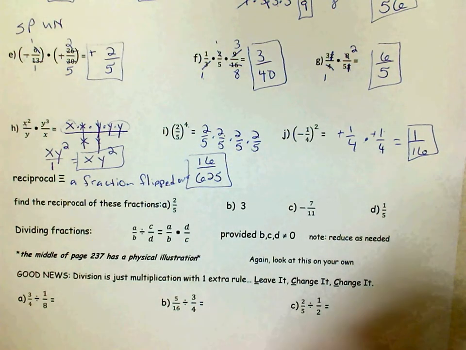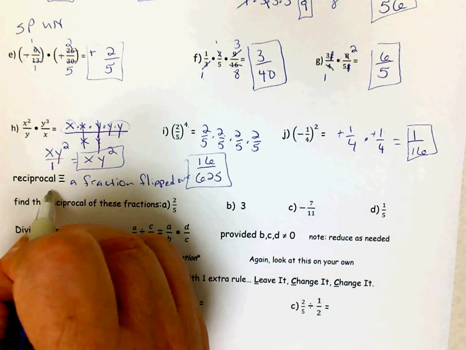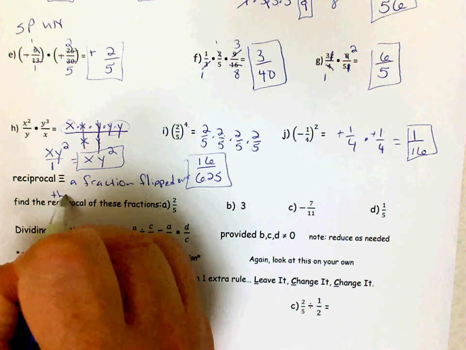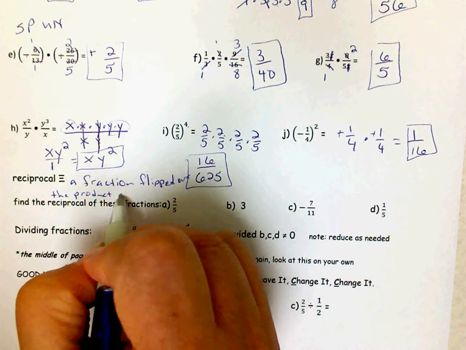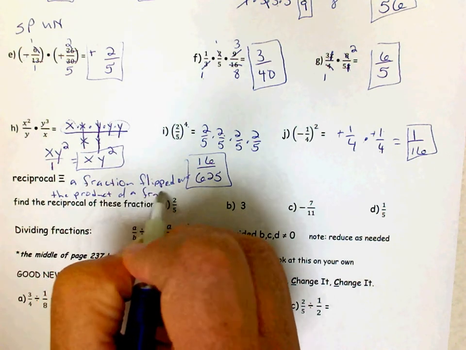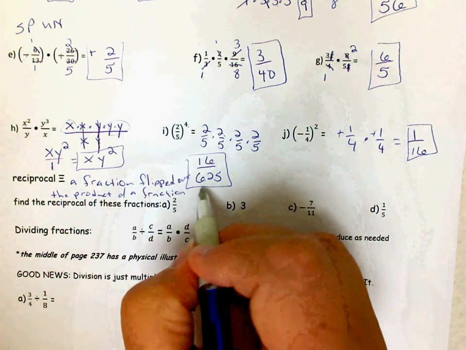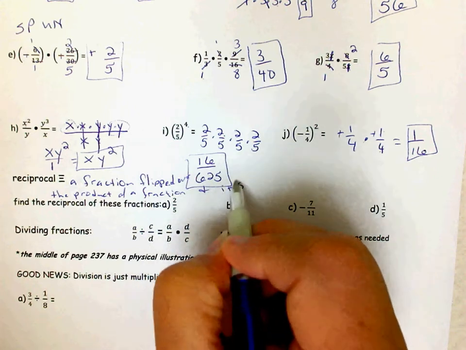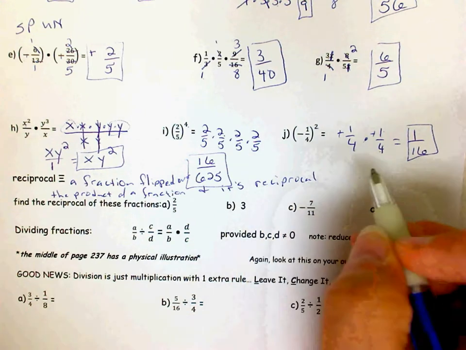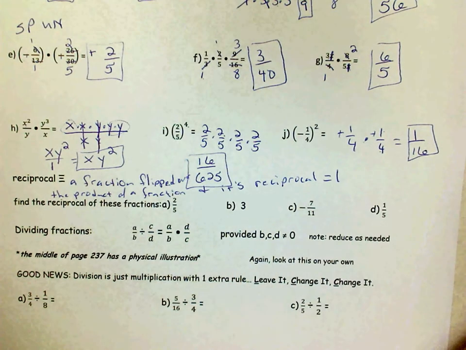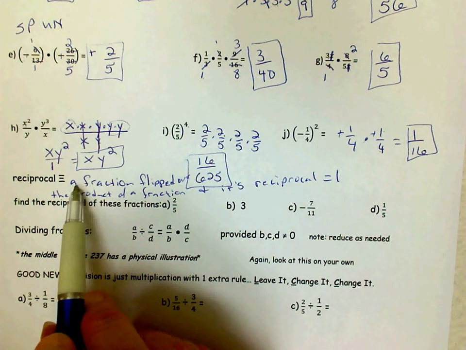Your book says also that the product of a fraction and its reciprocal equals 1. I don't like that because it really doesn't tell me what to do. So I like this, a fraction flipped over.